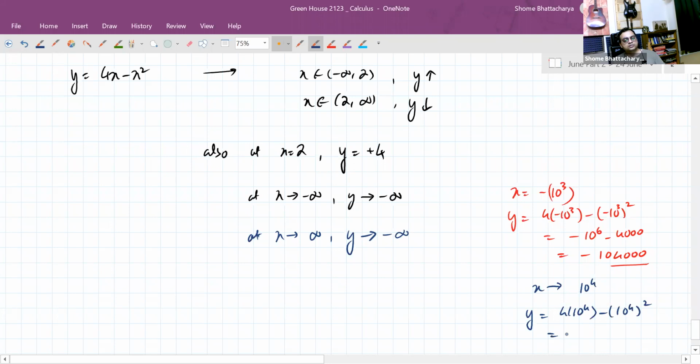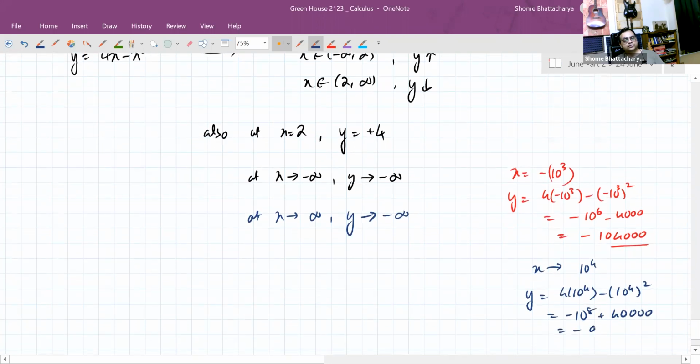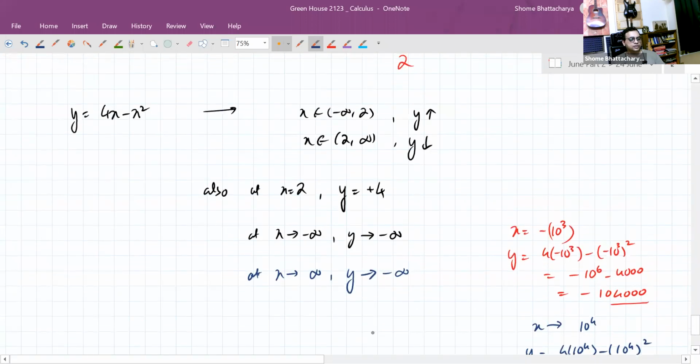So it is minus 10 raised to the power 8 plus 40,000, so it is like minus 99,960,000 something like this, I think. So it's a very large negative number. So it tends to minus infinity because the minus x squared term dominates over the 4x term, basically.